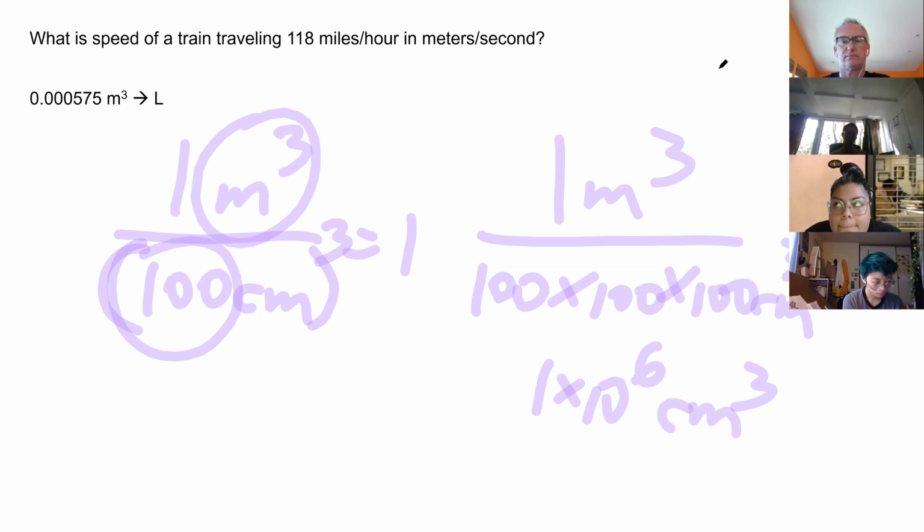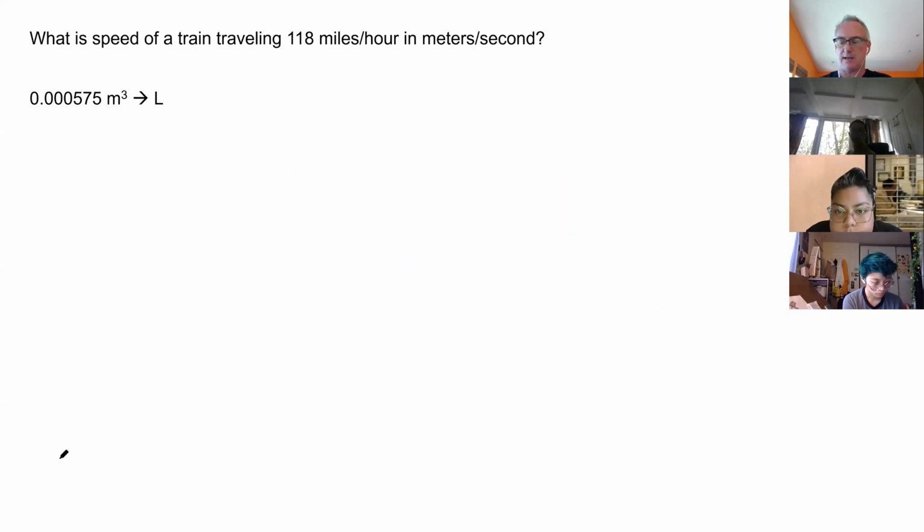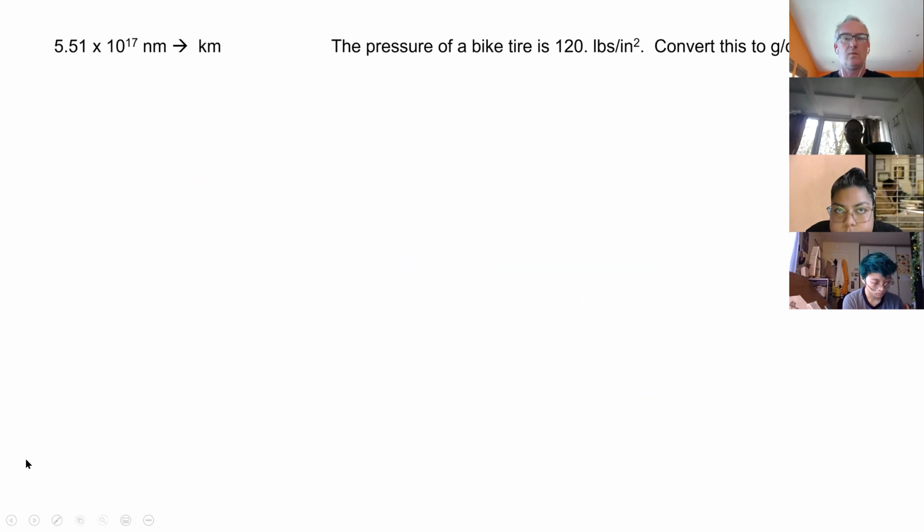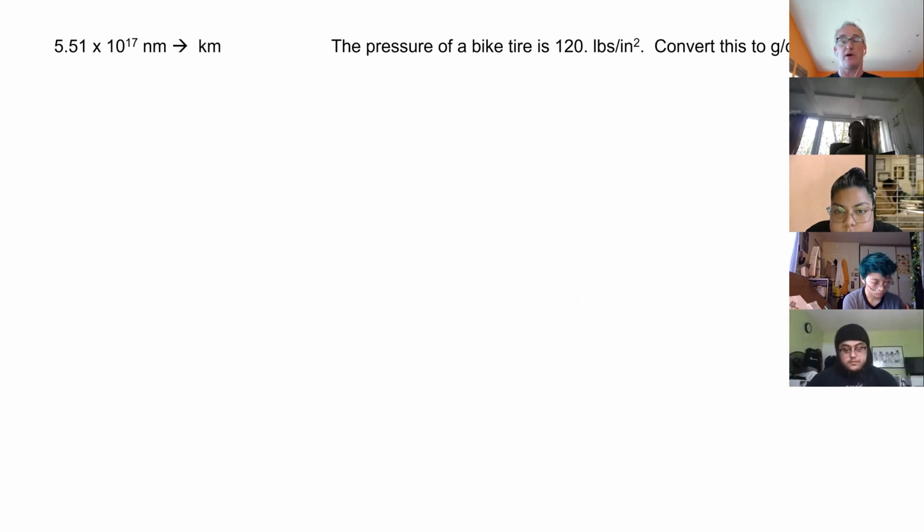Let's look at the next problem. Oh yeah, just two more conversions. So again, nanometers. Anyone know how many nanometers there are in a meter? 10 to the negative 9 meters.